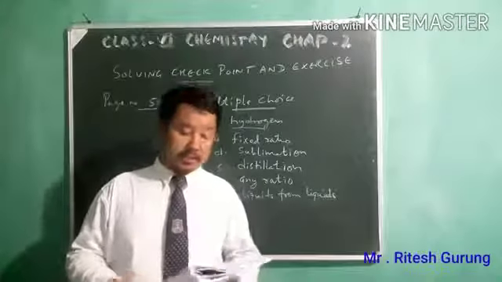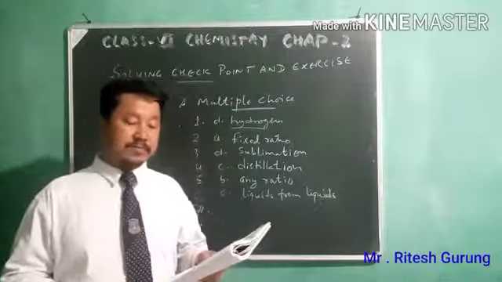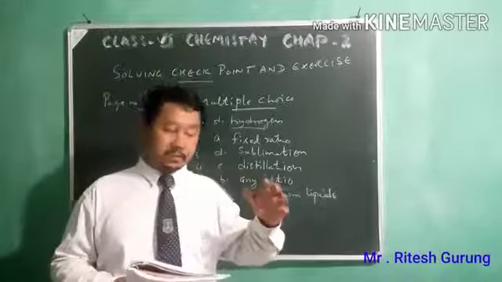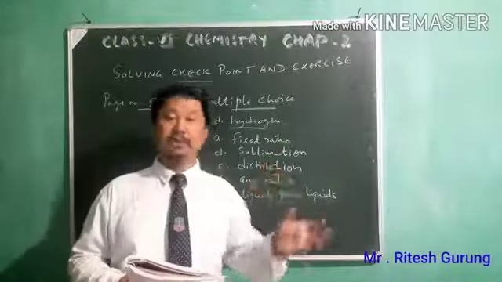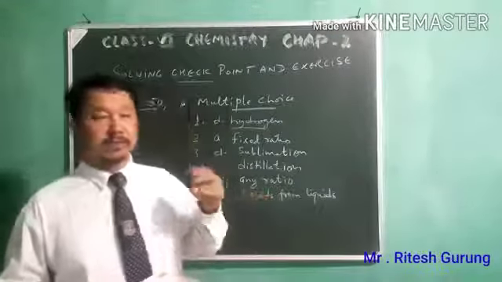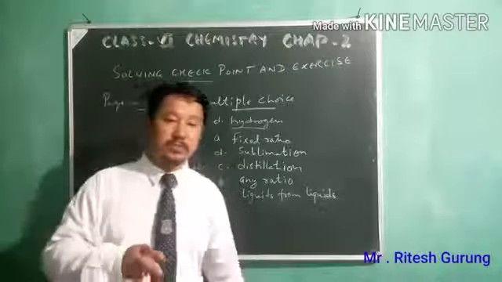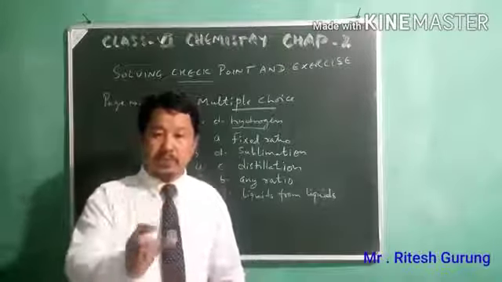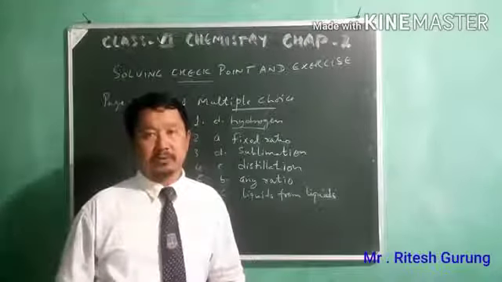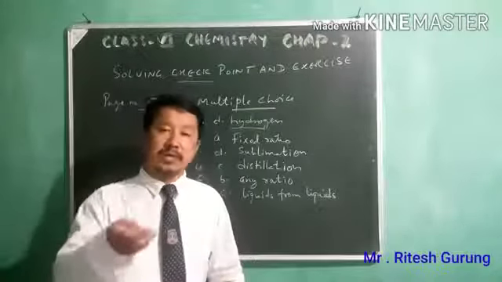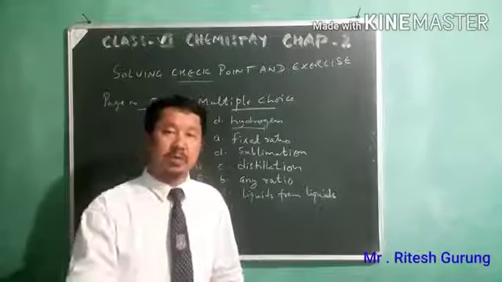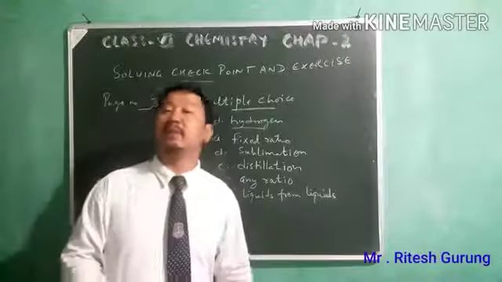Here is the question: the substance left behind on the filter paper, what would you call it? Something which is left on the filter paper is called residue. And whatever is filtered through, the fine one, is called filtrate.